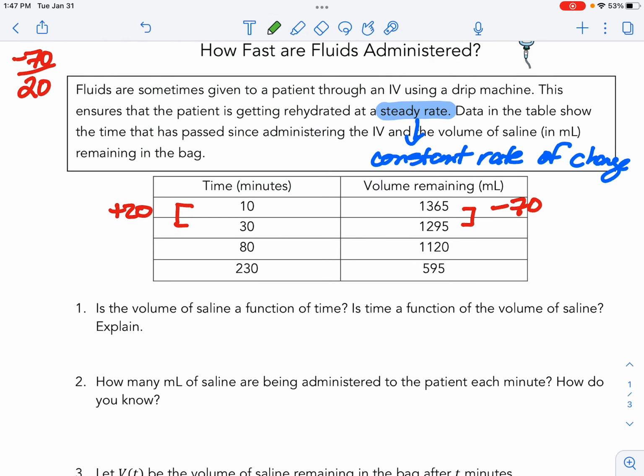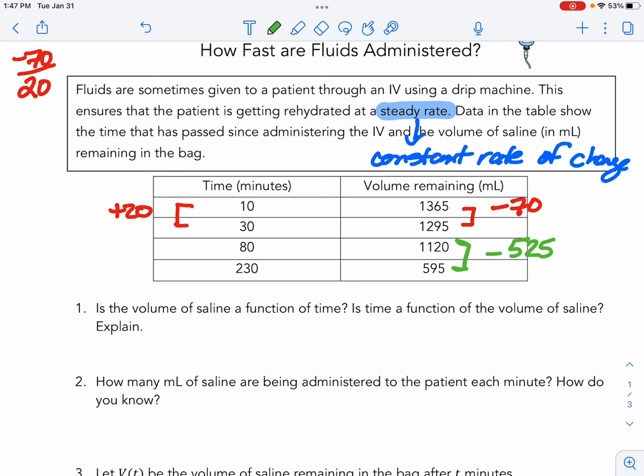Just for argument's sake, let's take a look at the last 2 points in this table. Again, let's look at our outputs, or our y values. I have 1120, and I'm going to subtract 595 from that. That would be a decrease of 525.